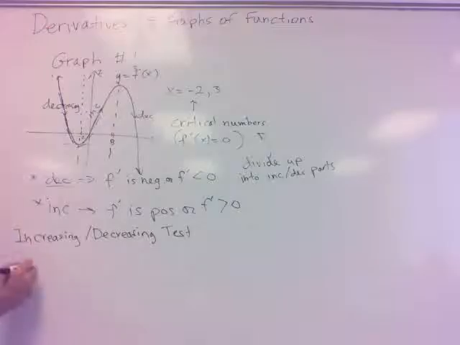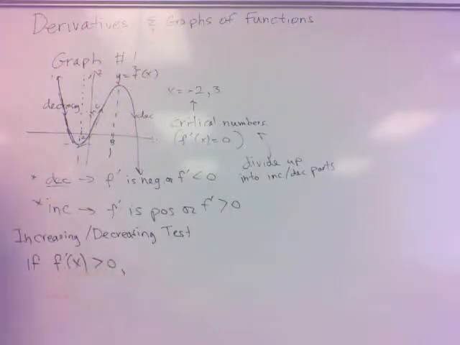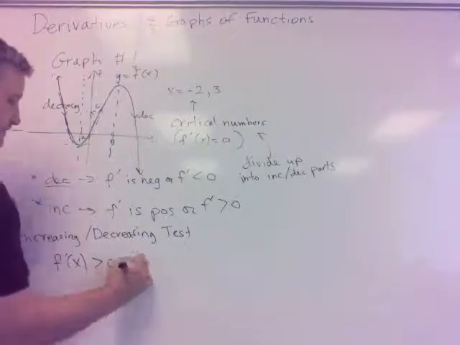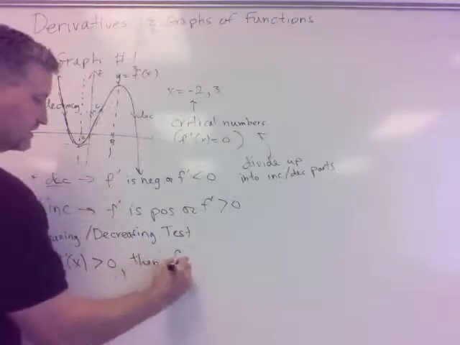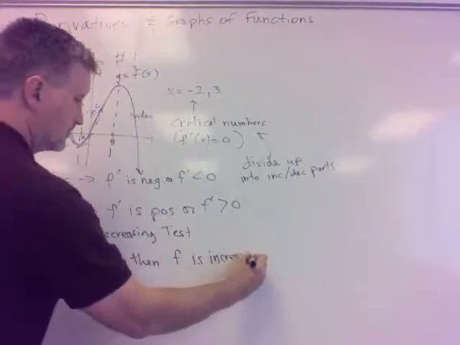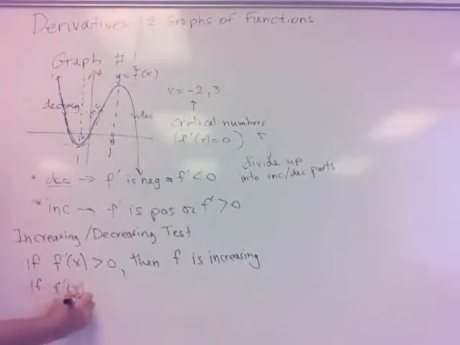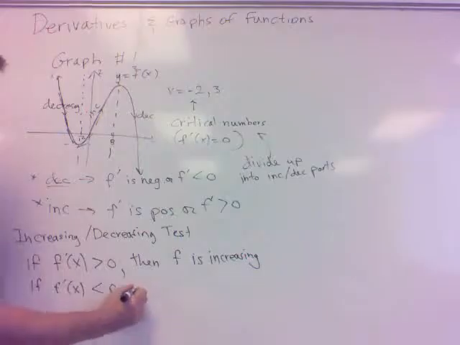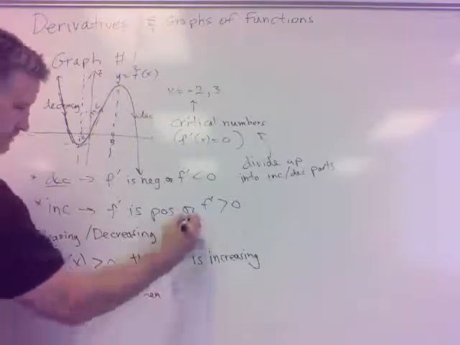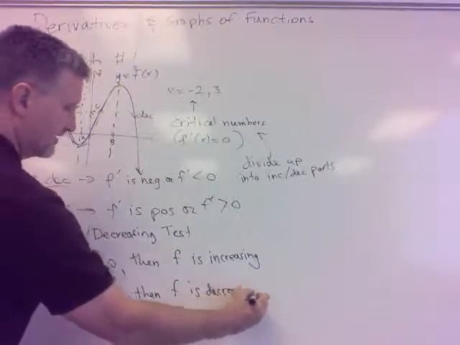So if f prime of x is greater than 0, then f is increasing. If f prime of x is less than 0, negative, then f is decreasing. That's basically what I just wrote there, but more formally here.